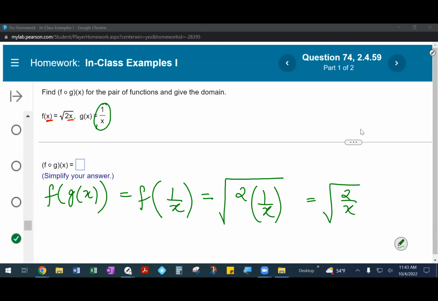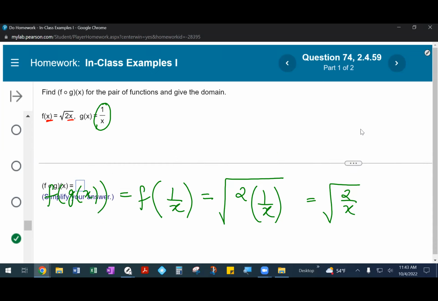You end up with square root of 2 divided by x. So just general, generic terms. That's the first part. Then they are asking you for the domain. This one we need a square root.